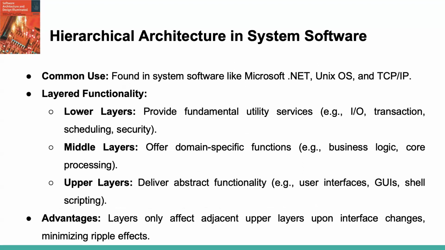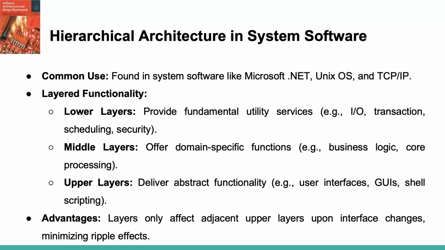Now that we've covered the basics of hierarchical software architecture, let's look at where this approach is commonly used and how the layered structure functions. Hierarchical software architecture is widely adopted in foundational systems where different layers play specific roles in providing reliable services. For instance, Microsoft .NET: this framework uses layers to separate application logic, services, and system utilities.